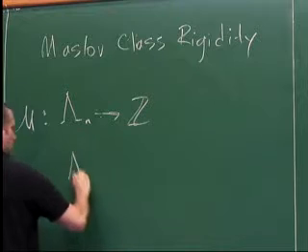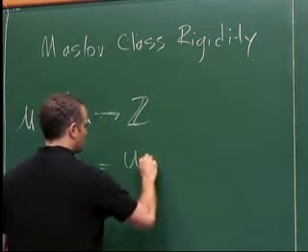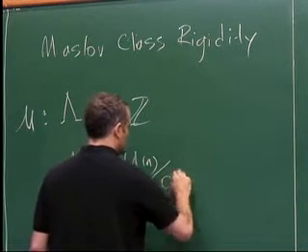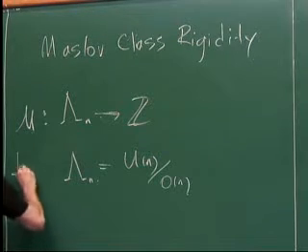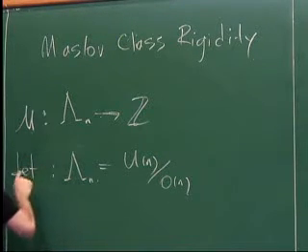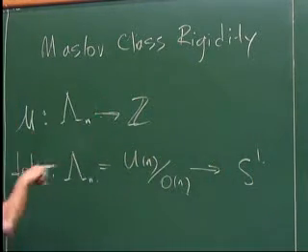You can identify the Lagrangian Grassmannian with U(n) over O(n). And we have a nice map on the space when we think of it in this way. We have the following map to S^1.